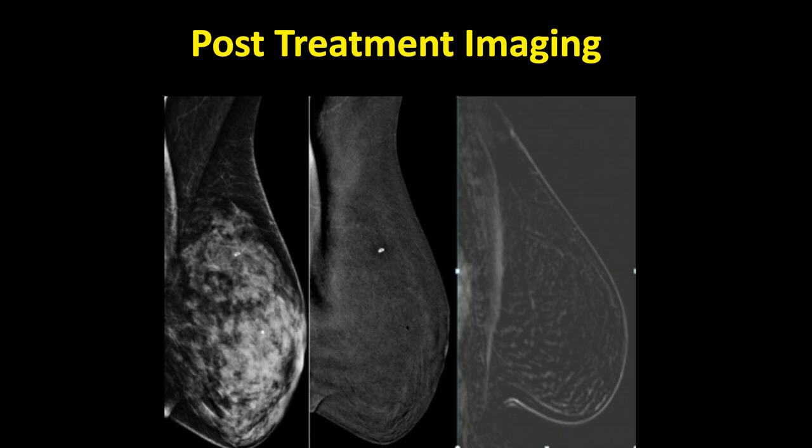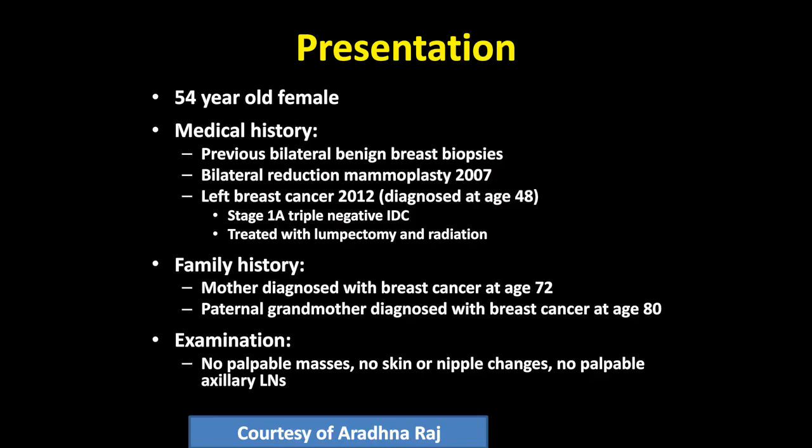Another use for contrast mammo is in women who have had lumpectomy to better evaluate their breasts, especially those women with dense breast tissue. This is a patient of ours who was 54, who had had multiple prior biopsies and then had triple-negative breast cancer in her left breast.